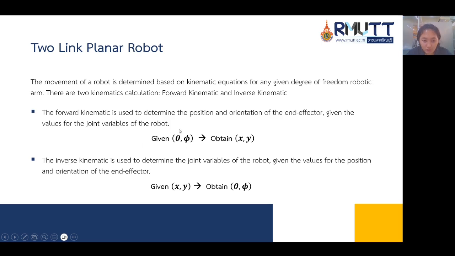Given joint variables theta, phi, we obtain the x, y coordinate. And then the inverse kinematics is used to determine the joint variables of the robot, given the values of the position and orientation of the end effector. Given the position and orientation of the end effector x, y, we obtain the joint variables theta, phi.